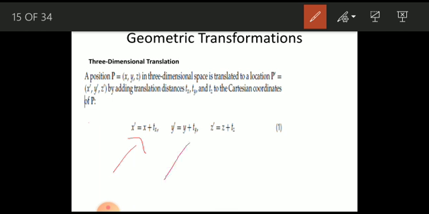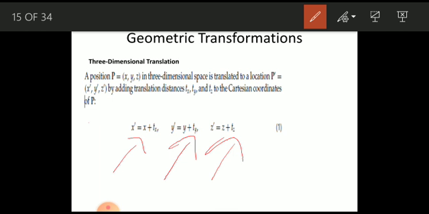Similarly, y dash is defined as y plus ty. Then z dash is defined as z plus tz. So this is how the translation happens.